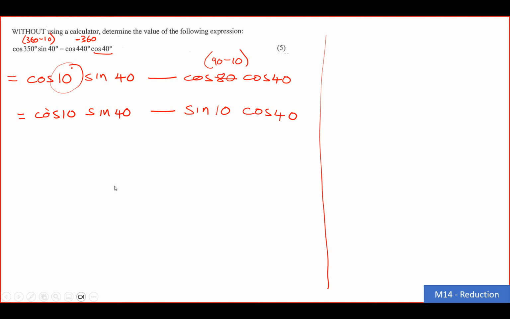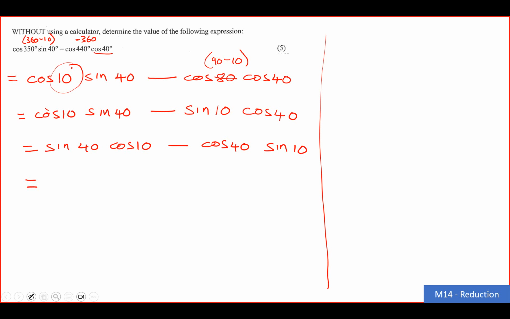If we rewrite this, we have sine 40 cos 10, and then minus cos 40 sine 10. And that is an expansion of the sine formula.